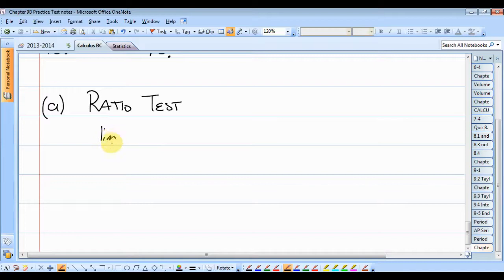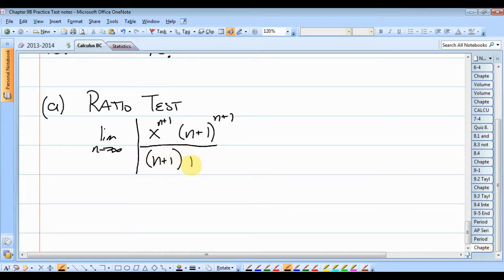Limit as n approaches infinity, absolute value of x to the n plus 1, n plus 1 to the n plus 1. Whoa, wait a minute here. That looks pretty gnarly. n plus 1 times n factorial.